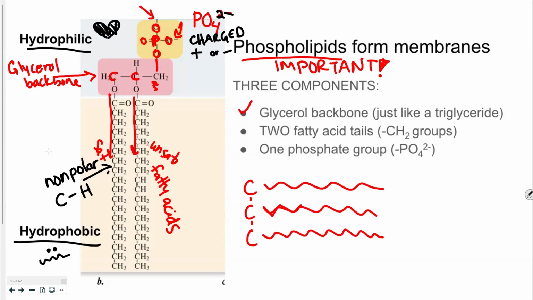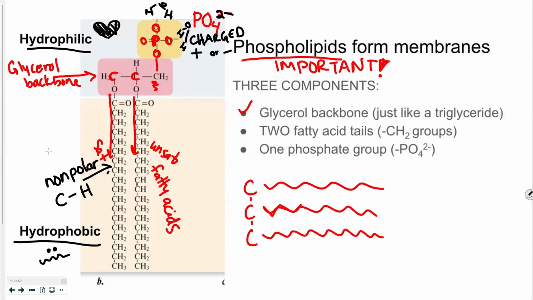If we have a phospholipid in water, because these are negative charges, the partial positive charges of our water molecules are going to be coming and hanging around these negatively charged oxygens as part of that phosphate group.